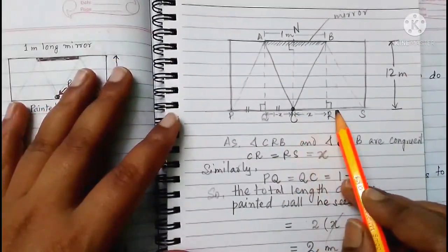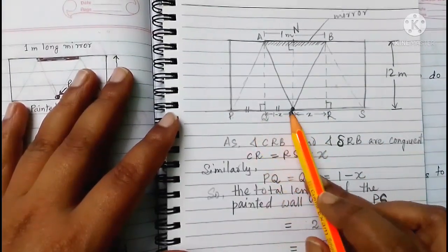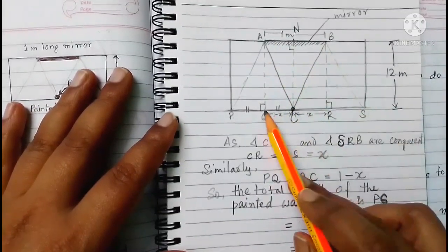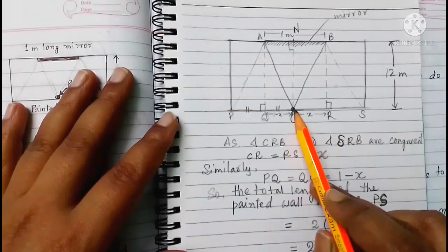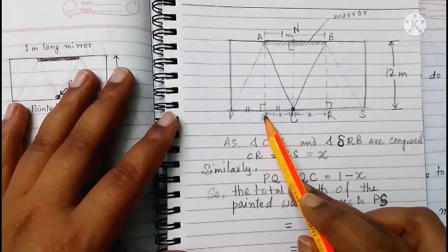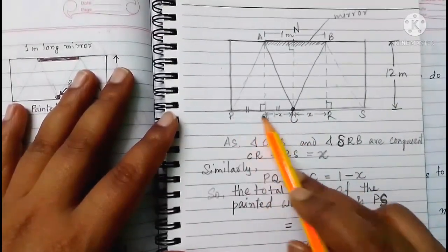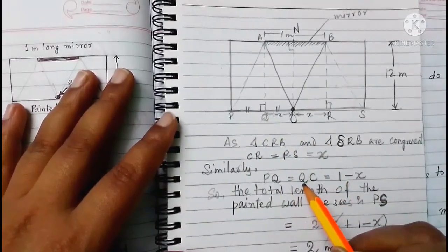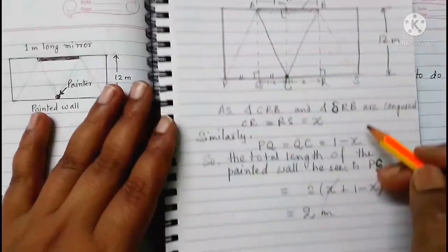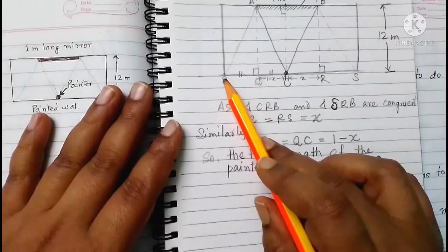Let's consider this distance as X and this distance to be 1 minus X, right? Because this one is 1 meter, and if this is X, then 1 minus X will be QC. So QC is also equal to PQ. So PQ is equal to QC is equal to 1 minus X. I hope this much is clear. So the total length of the painted wall he sees is PS.